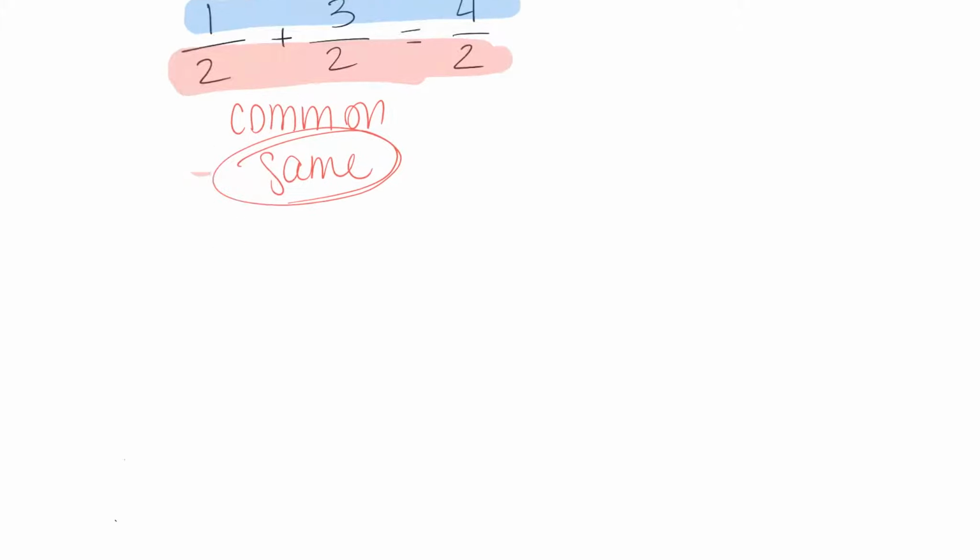Should be pretty straightforward. So here's an example. Let's say we have 2 over 10x plus 5 over 10x. Now, right off the bat, you're thinking, hey, I can simplify that. And you can. You're not wrong. But if you simplify it, you're not going to have common denominators anymore.